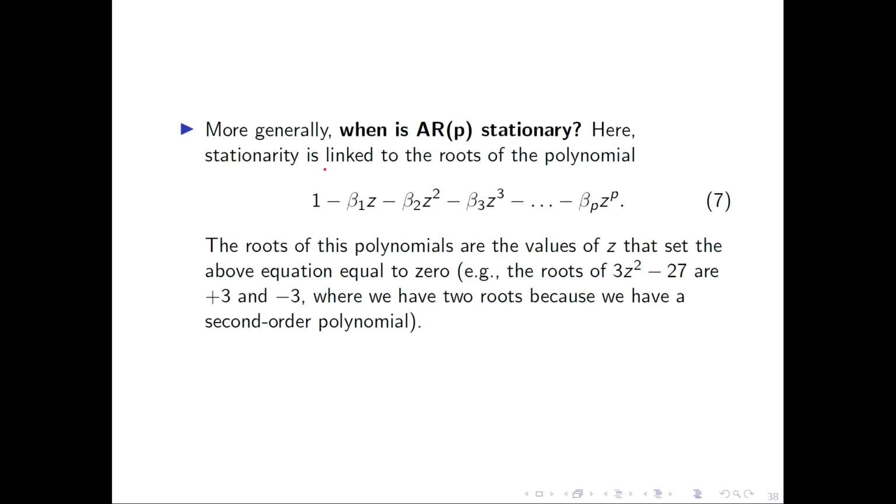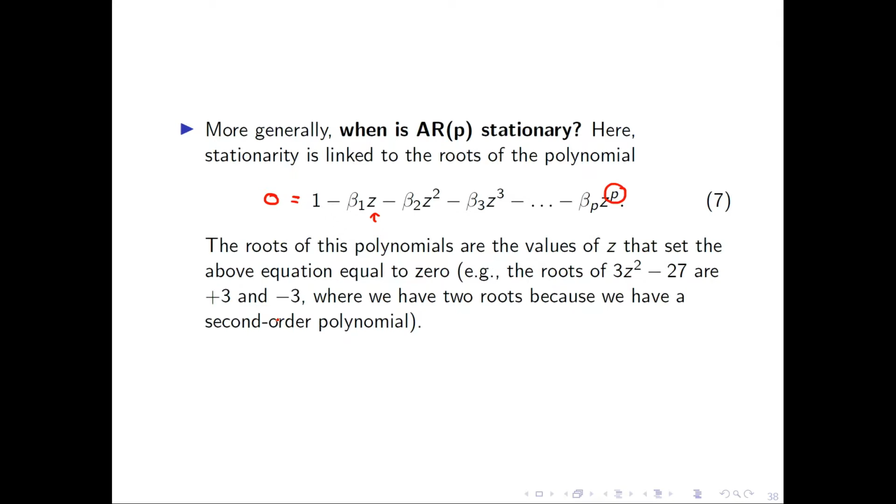And more generally, if you have p lags in your model, then stationarity is linked to the roots of the polynomial. The roots of this polynomial are the values of z which make this equation equal to 0.